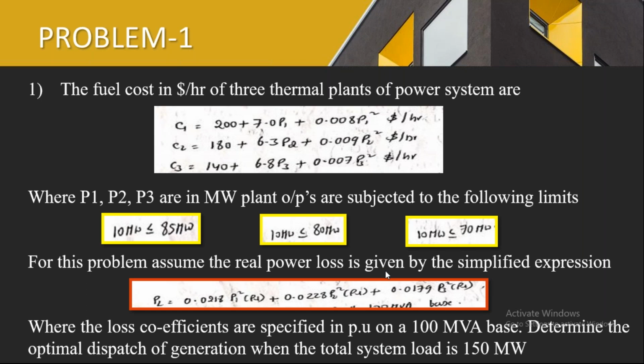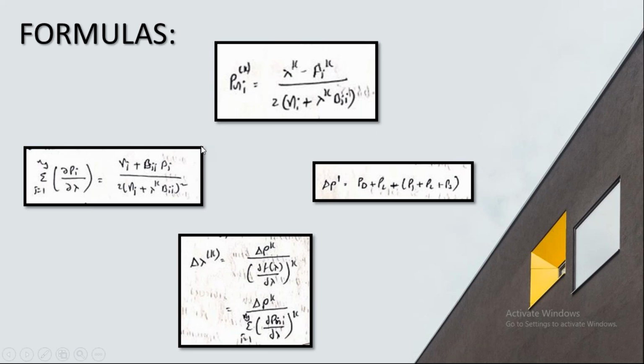In this problem, first of all, you should know what formulas we have to use and what steps we have to follow to find the required parameters. These are the formulas we have to use while solving this entire question.